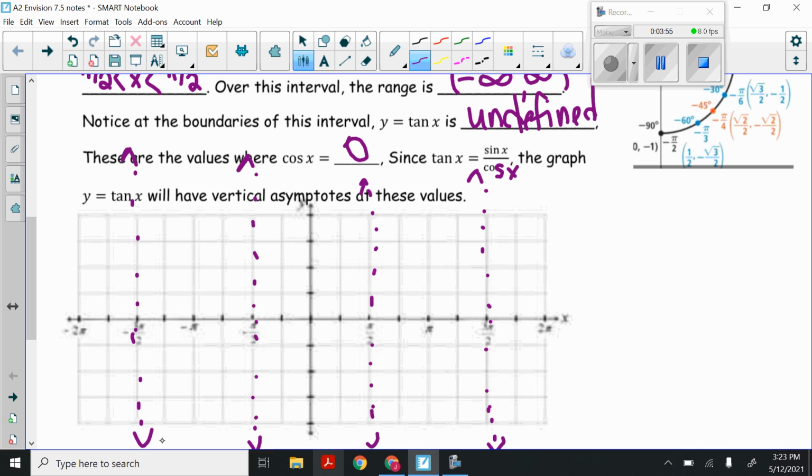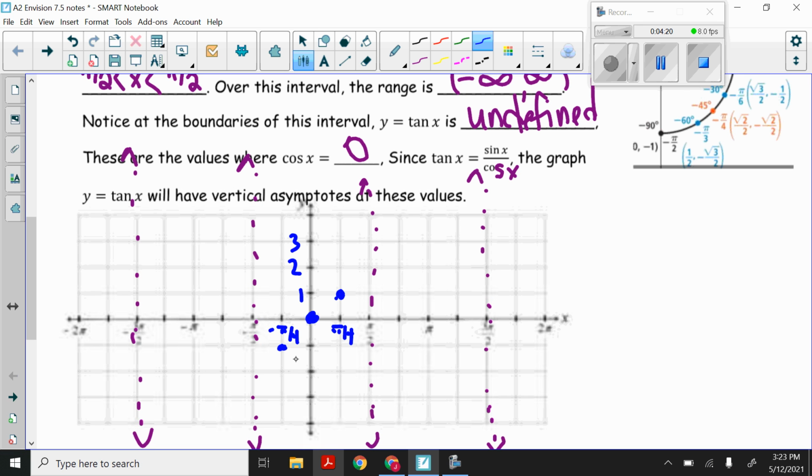So now if I plot these other points, at 0, we're at 0. So this I can go ahead and label, okay, halfway between 0 and pi over 2, this is pi over 4. This is negative pi over 4. This is 1, 2, 3, negative 1, negative 2, negative 3. So at pi over 4, the tangent was 1. Negative pi over 4 was negative 1.